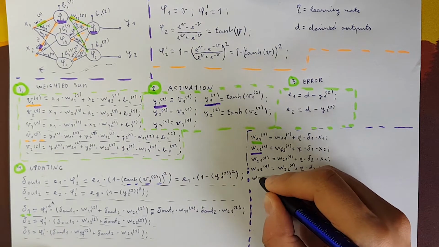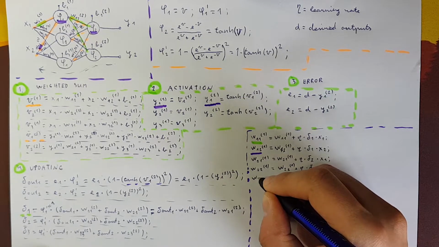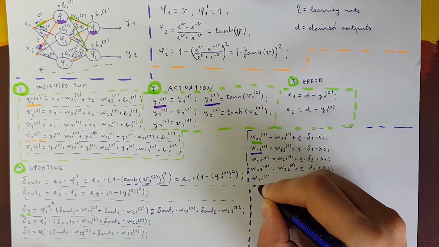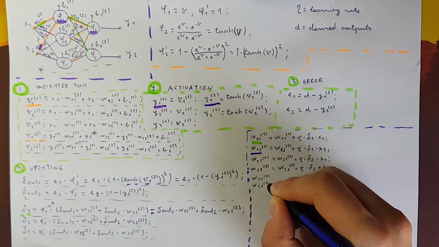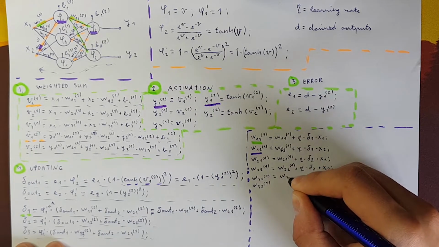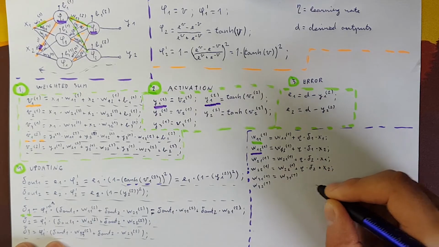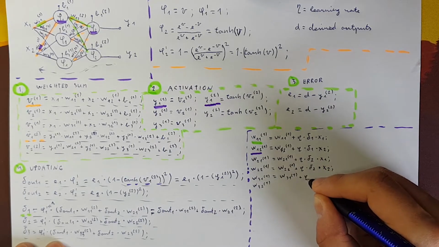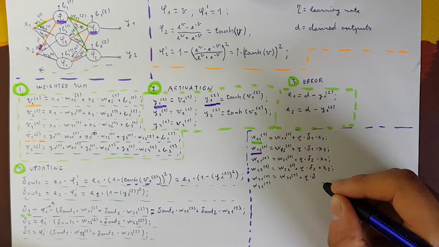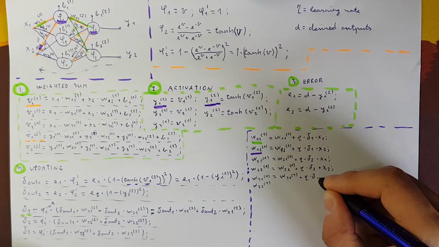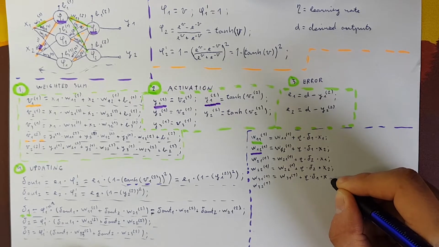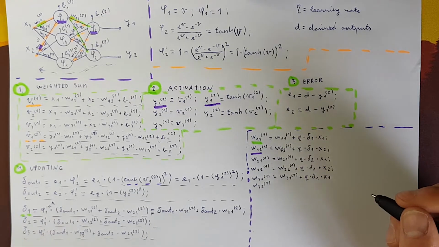And we do the same for the third neuron of the first layer. We take that weight, this W31 of the first layer, and we add a learning rate multiplied by the corresponding delta of the neuron and by the connecting input x1.